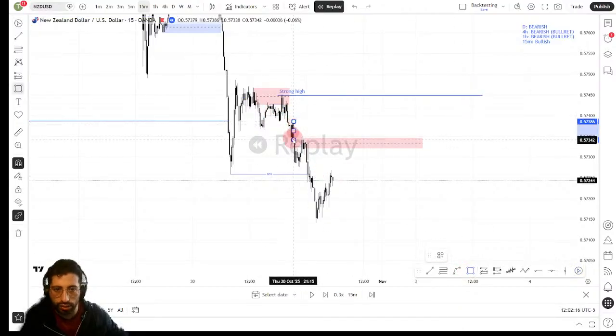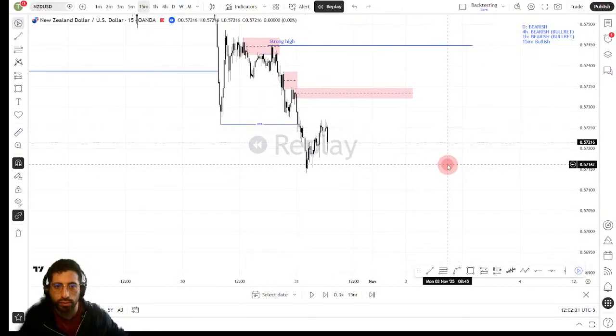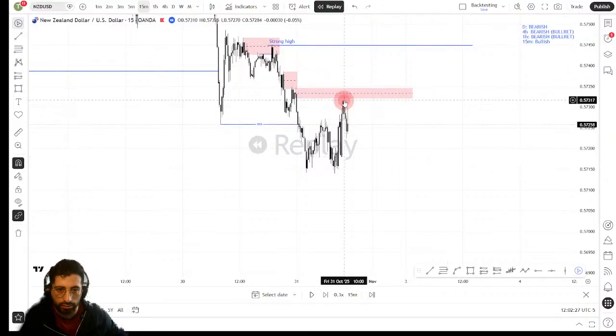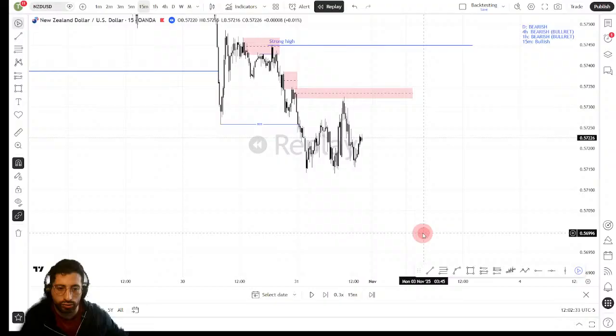What I'm actually doing here is marking the order blocks, right? So the potential points of reaction that we would wait for the price to get to. Now it has got to this point. This is the point to be mitigated.